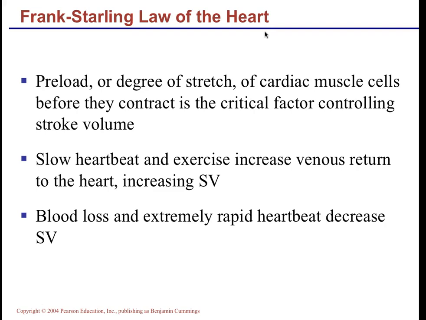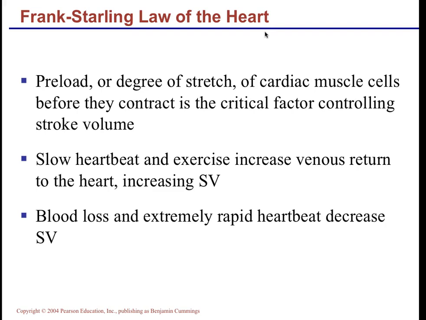What they discovered is that if you take the heart of a dog and put it on a platform and alter the height, then because the heart is able to excite itself, as long as it has enough oxygen and glucose, it's going to be able to continue to pump, even outside of the dog.